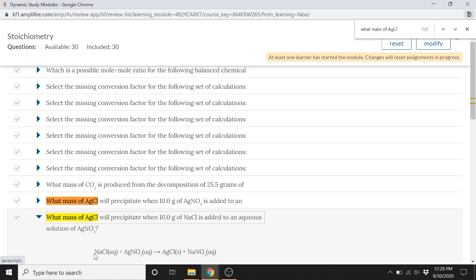So 1 mole of NaCl would be one AgCl. So that'd be the same moles. Exactly. You got it. And so whatever that number was, 0.17 moles. And it'll be a 1-to-1 ratio, so it'll just be 0.17 moles of AgCl, right?